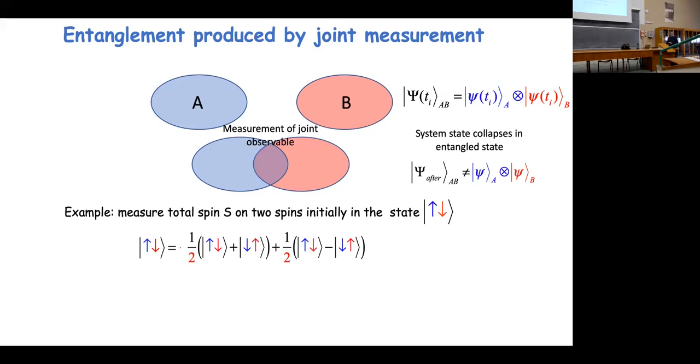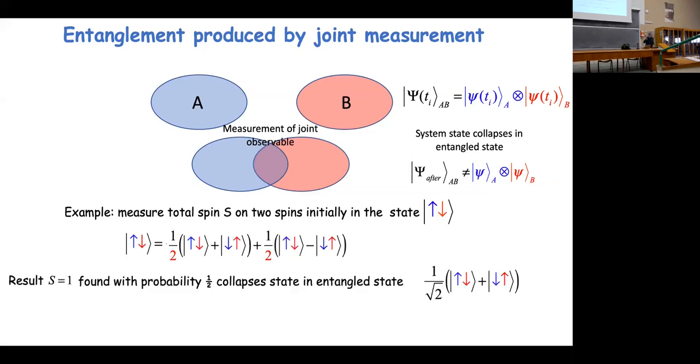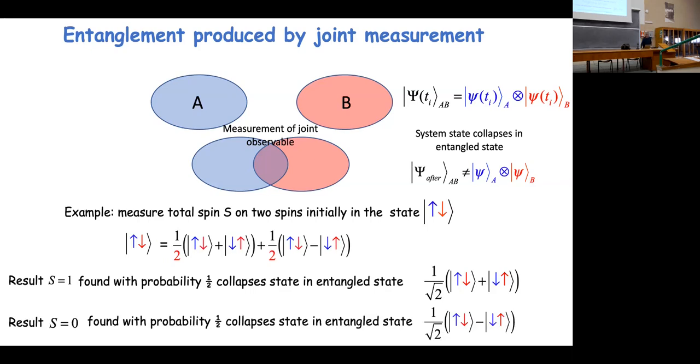Now, we learned last time that the symmetric state has spin 1 and the antisymmetric state has spin 0. So assume that you measure the total spin. What will you get? With probability 1/2, you will project on the entangled state with the plus sign, and with probability 1/2, you will project into the other state.